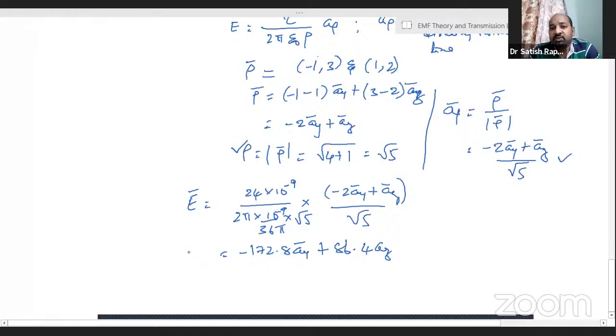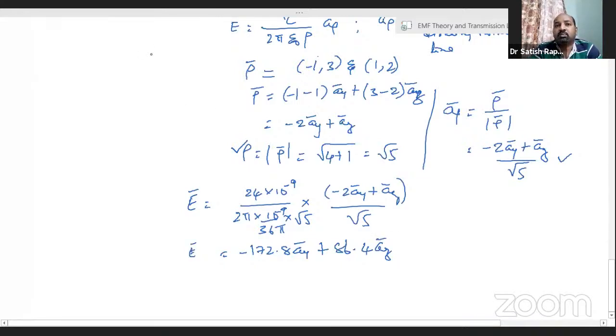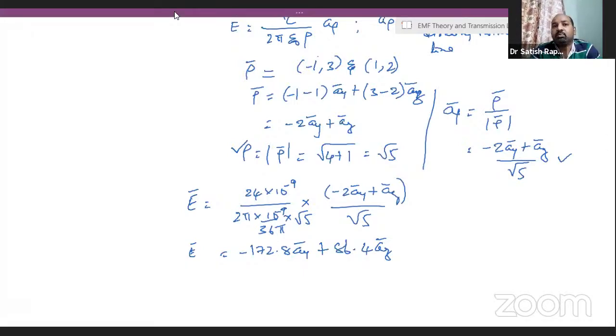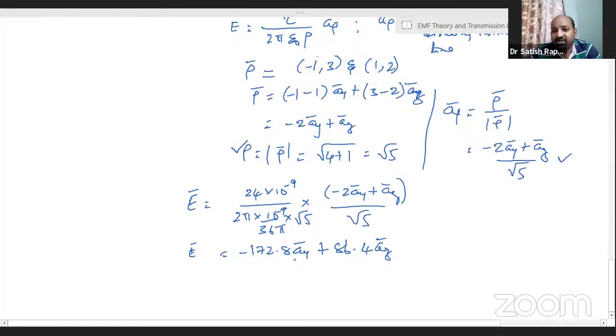So if you observe this, the electric field is a function of ay bar and az bar, right? So that means electric field exists along y direction and z direction, electric field does not exist in x direction.